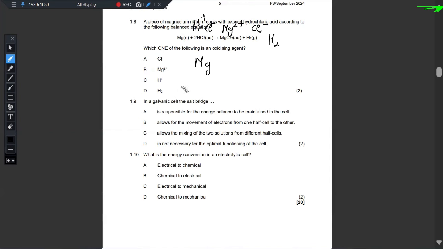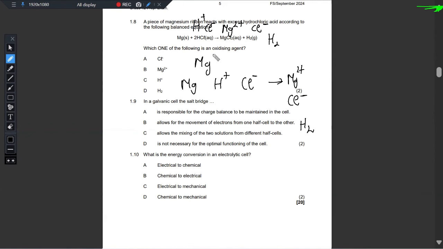On this side, I have my Mg, it's a solid. And if I break this one down, it's H+ and then I have Cl-. And then the ones here should give me Mg2+, and the Cl there should just be Cl-. And then here I have H2. So H2 is just like that.